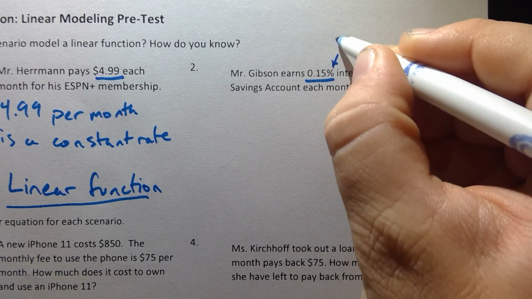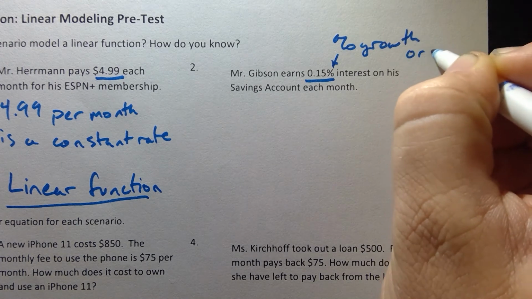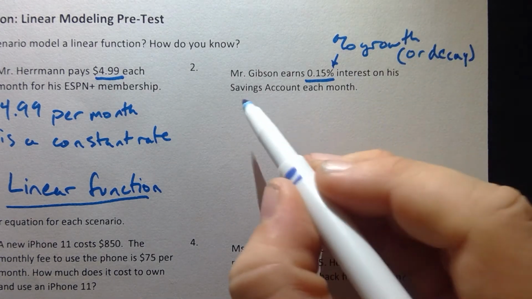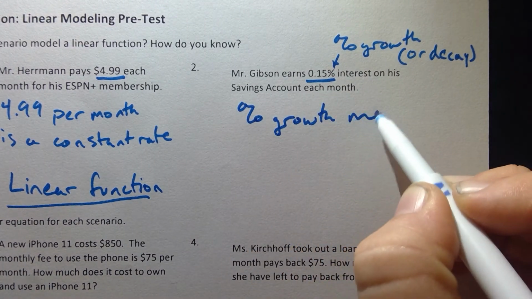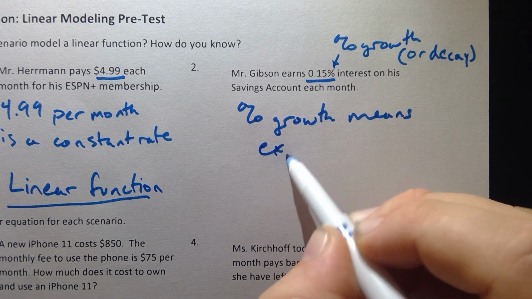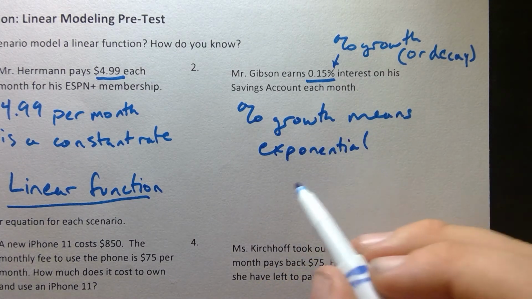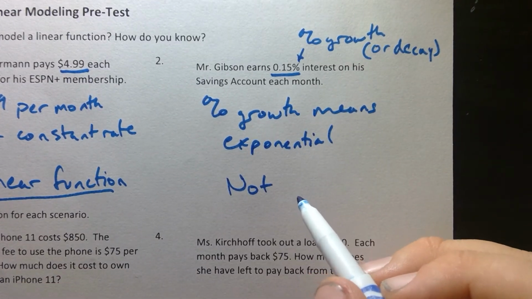Okay, so this percent growth or decay, in this case it's growth, means exponential. Because what percent growth means is that if I have more money, I'm going to make more money.